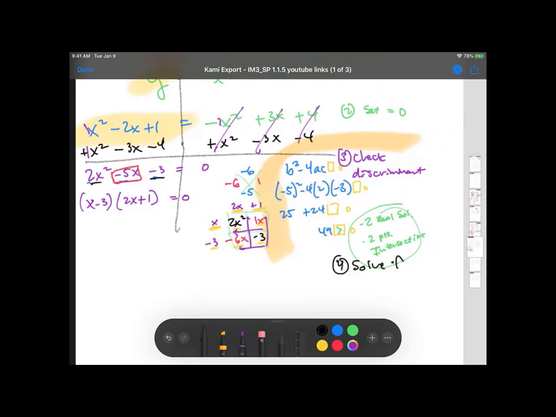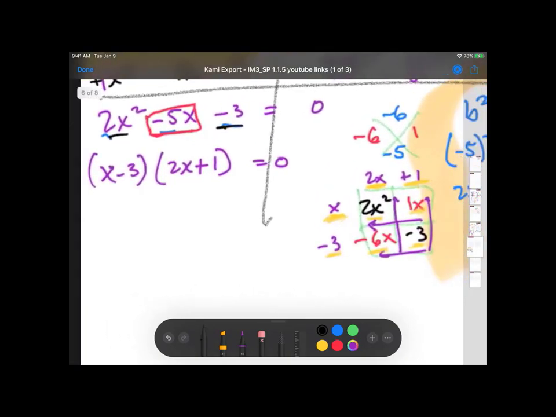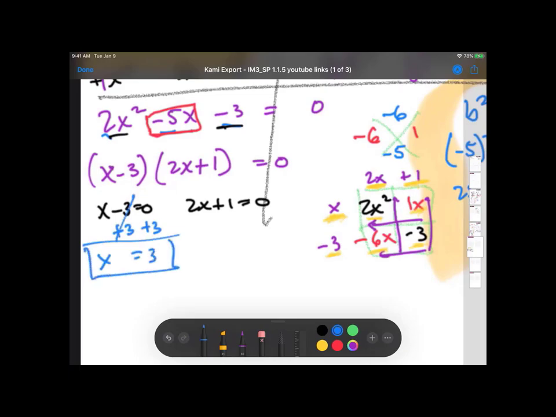Alright, our fourth step here is to solve for x. Now, these two binomials multiplied equal 0, which means zero product rule, that each of these equal 0. And here I get x equals 3. Remember PEMDAS backwards, you're going to have to subtract before you divide.